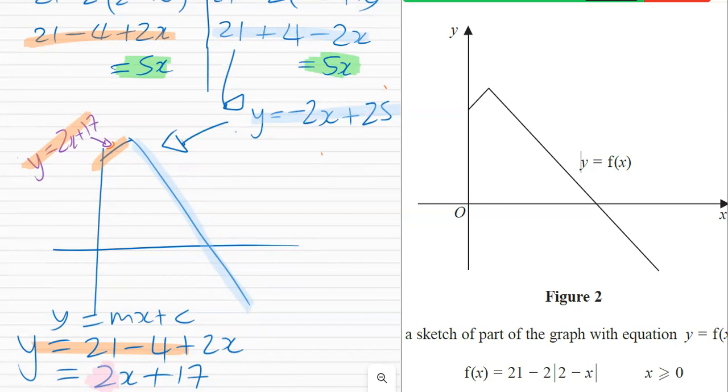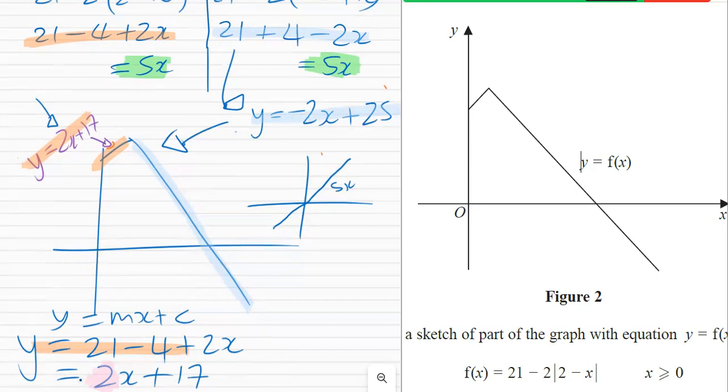The line y equals 5x goes through the origin, and it has a gradient of 5. So this gradient is a little bit steeper than a gradient of 2. So it'll come up like this.